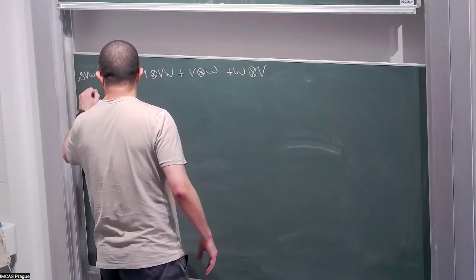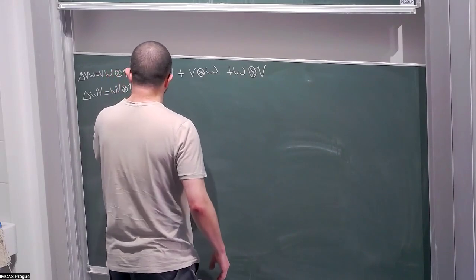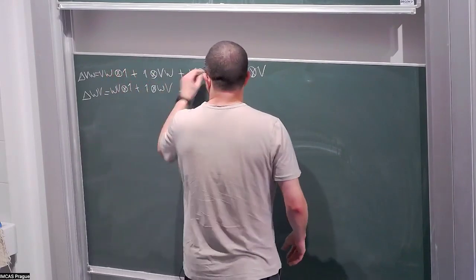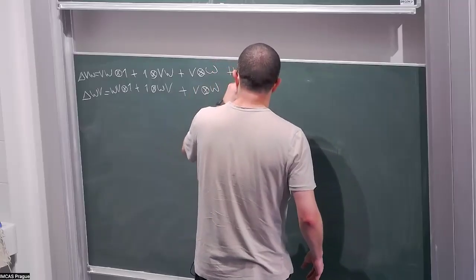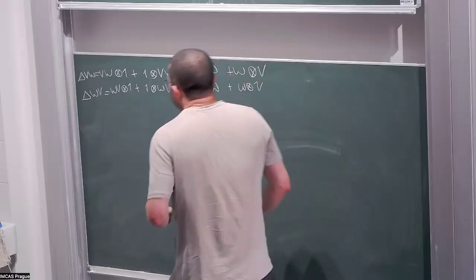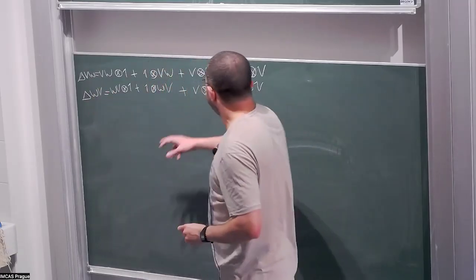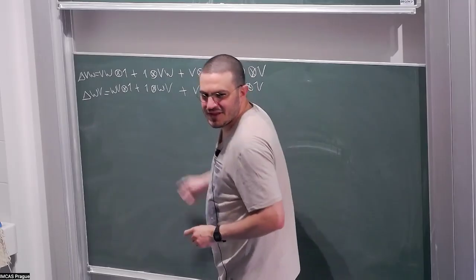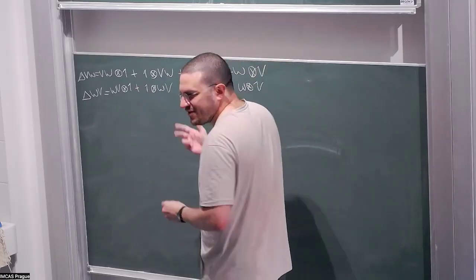And when I try to calculate delta of WV, I get almost the same. I get WV tensor 1 plus 1 tensor WV. And again, the same two things, V tensor W plus W tensor V. Okay, but this is not so bad. It just means that when I take the difference, this and this will disappear. And I will just be left with something that tells me that VW minus WV is primitive.